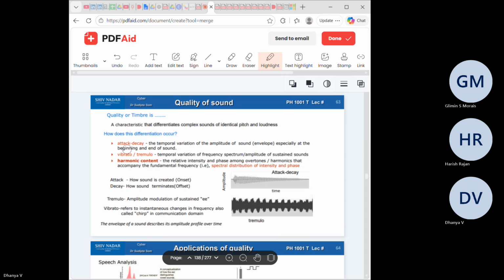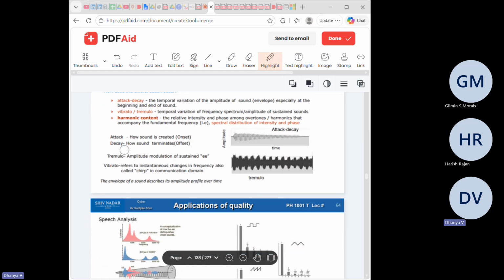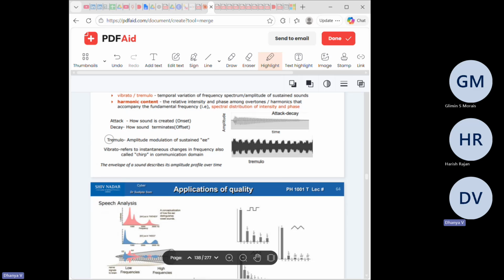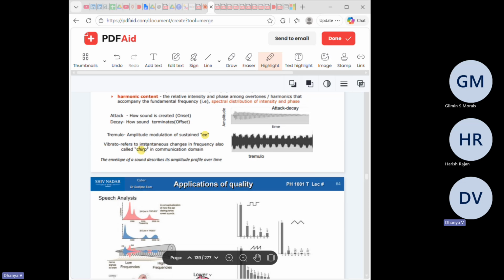Vibrato is temporal variation in frequency, tremolo is temporal variation in amplitude. The harmonic content is the relative intensity and phase among overtones. For tremolo, you have the amplitude modulation of a sustained E sound. And then vibrato is the chirping sound, an instantaneous change in frequency.